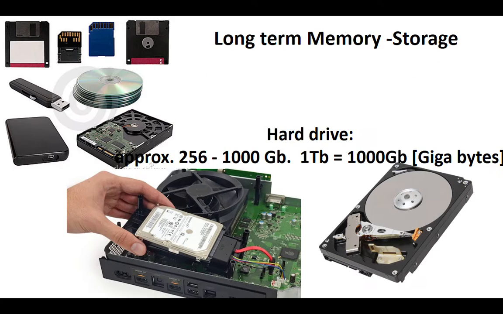And then sometimes you also want long-term memory storage, like if you have a large game. So say you're playing a game, maybe you downloaded it from the internet or somewhere, stored it on your hard drive, and then as you're playing it, some of that goes into your short-term memory, your RAM, and then it goes into your CPU to process, and then it sends it back to RAM, and maybe it saves some data to the hard drive if it's going to use some settings or whatever, and at the same time, of course, sending output to the screen, and sending output to a printer if you want to print something.